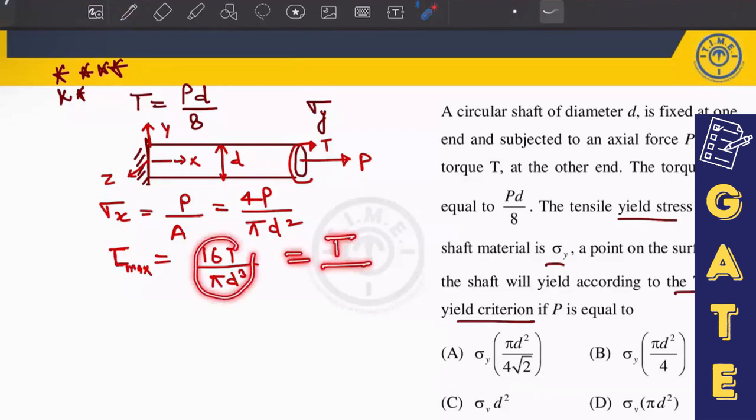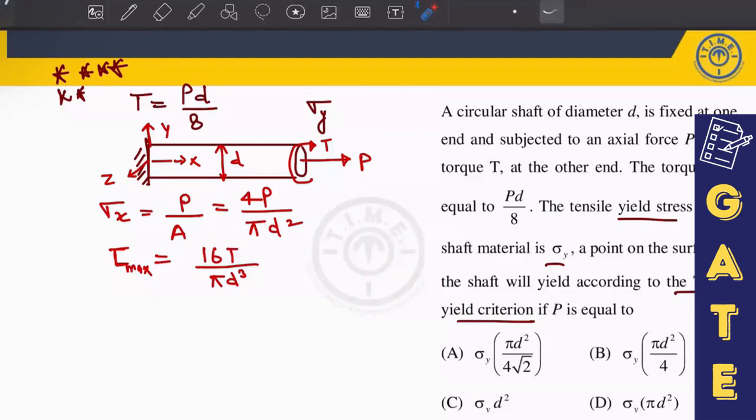How did this result come? It is T by J into R. J is the polar moment of inertia, which is pi by 32 d to the power of 4, and R can be written as d by 2. Once you solve, you get 16T by pi d cube. So this is the maximum shear stress. They have not given the shear stress, they have given the torque, so you use this relation.